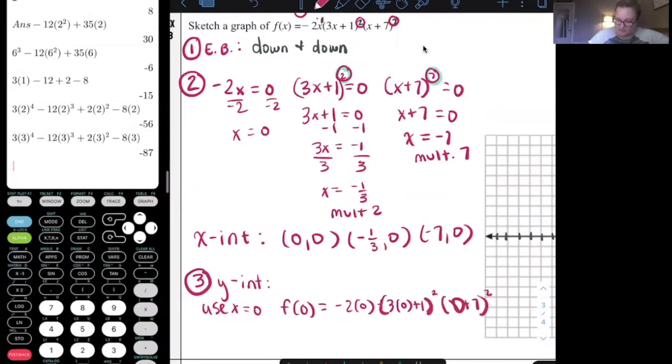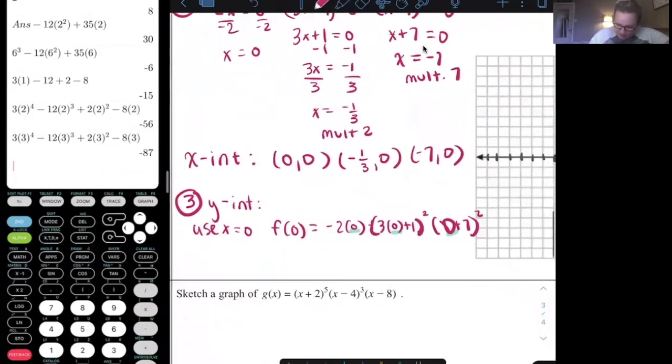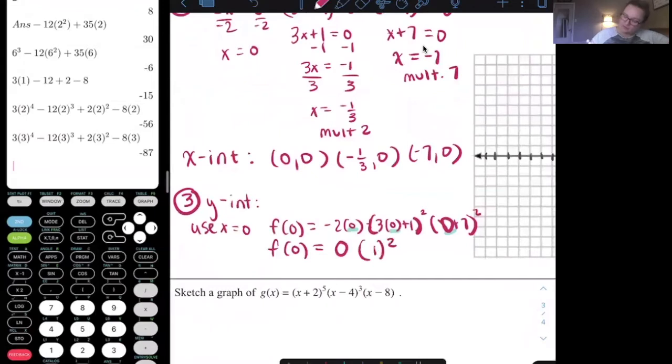And I just replaced all of these x's with zeros. Let's simplify. So -2 times 0 is 0. 3 times 0 is 0. Plus 1 is 1. 1 squared. Times 0 plus 7. Sorry, that should be the 7th. Is 7. 7 to the 7th.